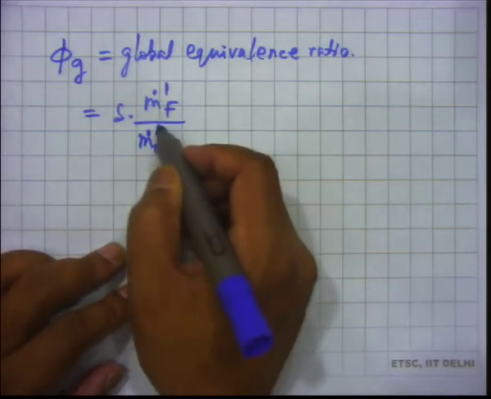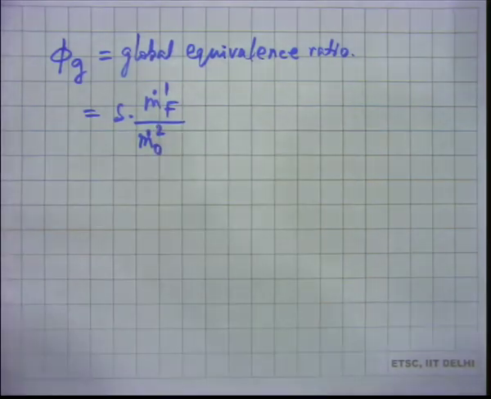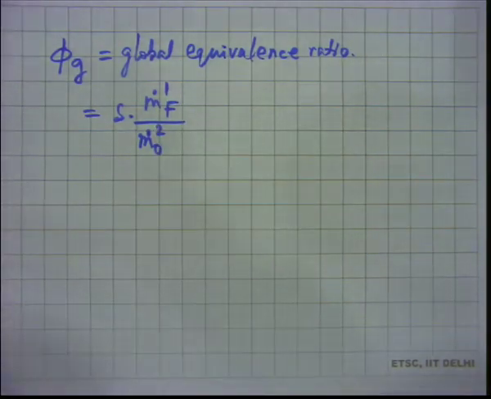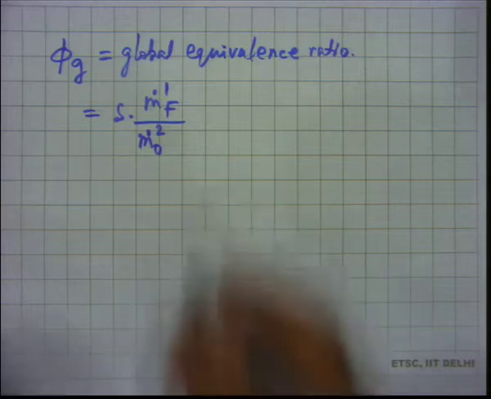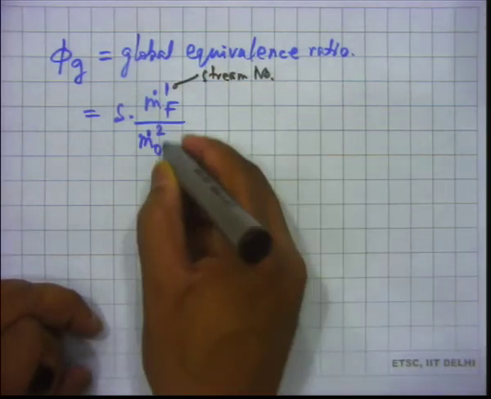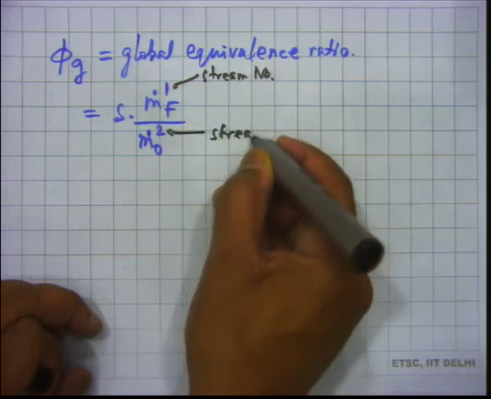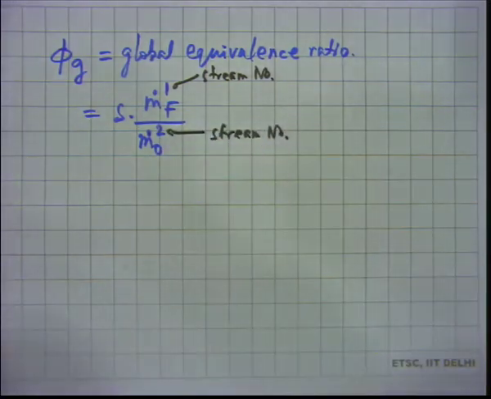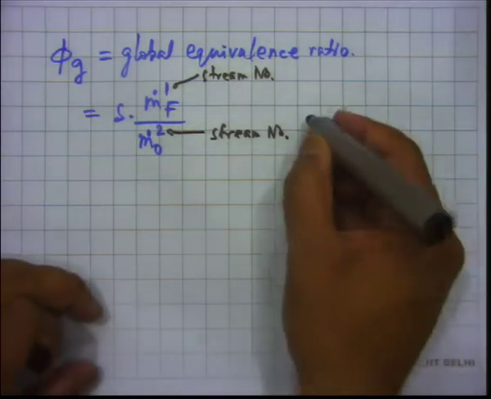Again, 1 and 2 are not powers as such, 1 and 2 are the stream numbers. So this is a stream number and this is also a stream number. So you will notice that the global equivalence ratio is written in terms of the mass flow rates, whereas the other phi is written in terms of mass fractions. So, is there a connection between the two?